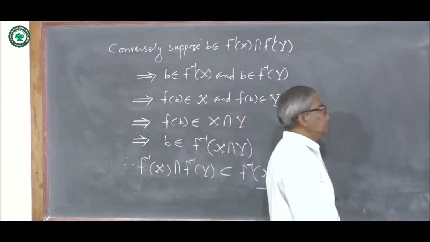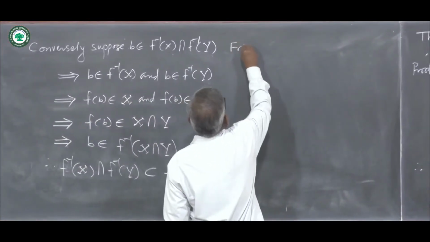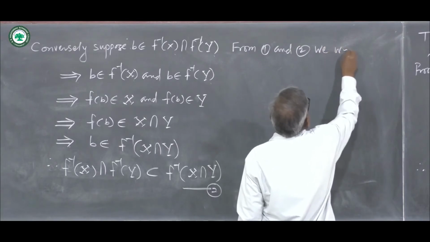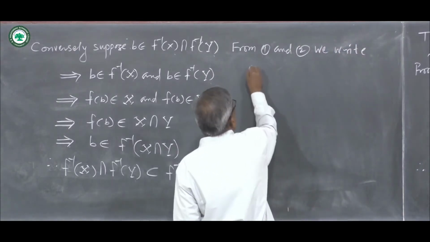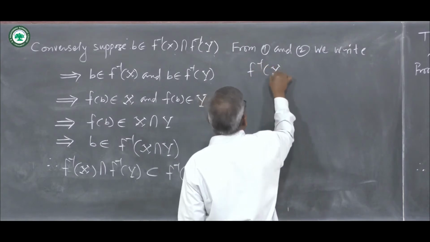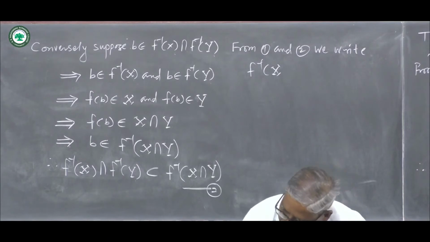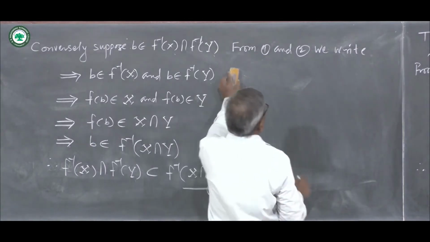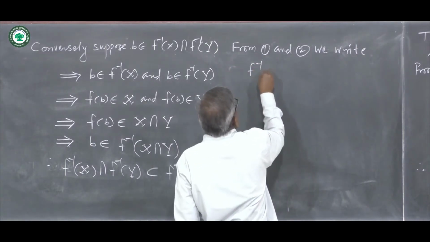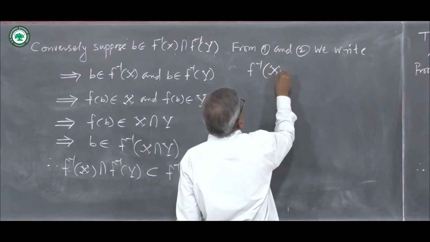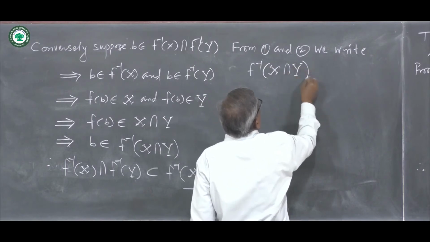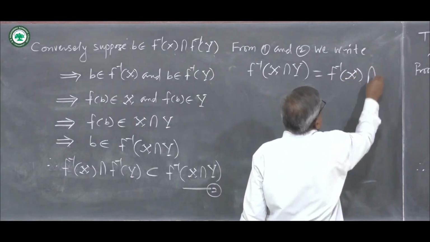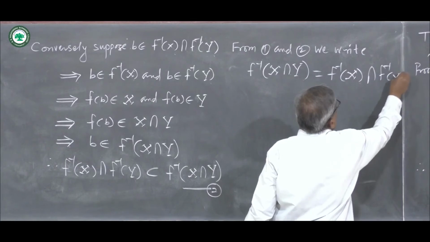From 1 and 2 we write f inverse of capital X intersection capital Y is equal to f inverse of X intersection f inverse of Y.